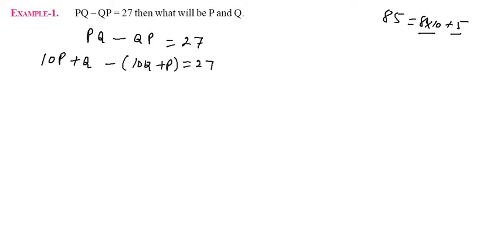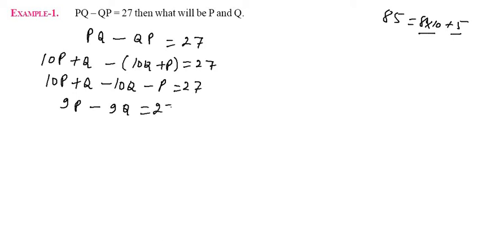Now let us see what will happen in 10P plus Q minus 10Q minus P. It is 27. Now 10P minus 1P, that means it is 9P, minus 9Q also, and it is 27.